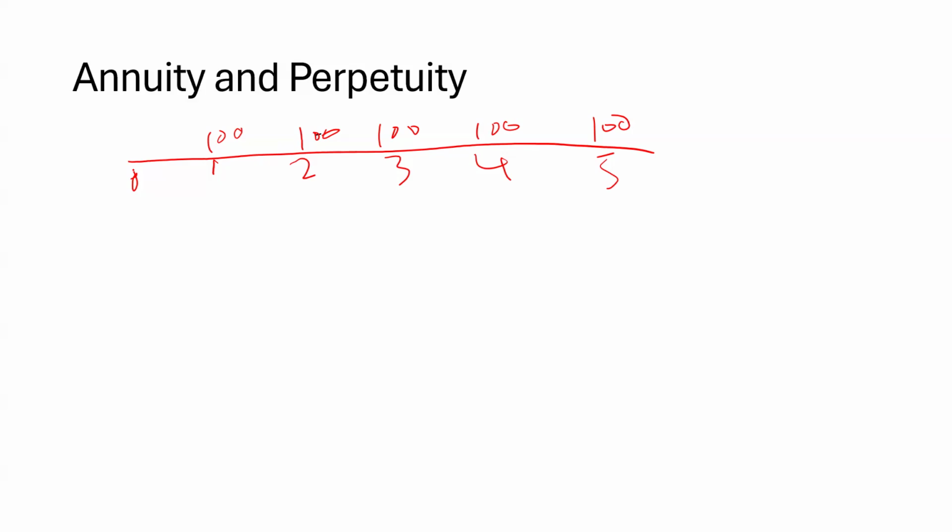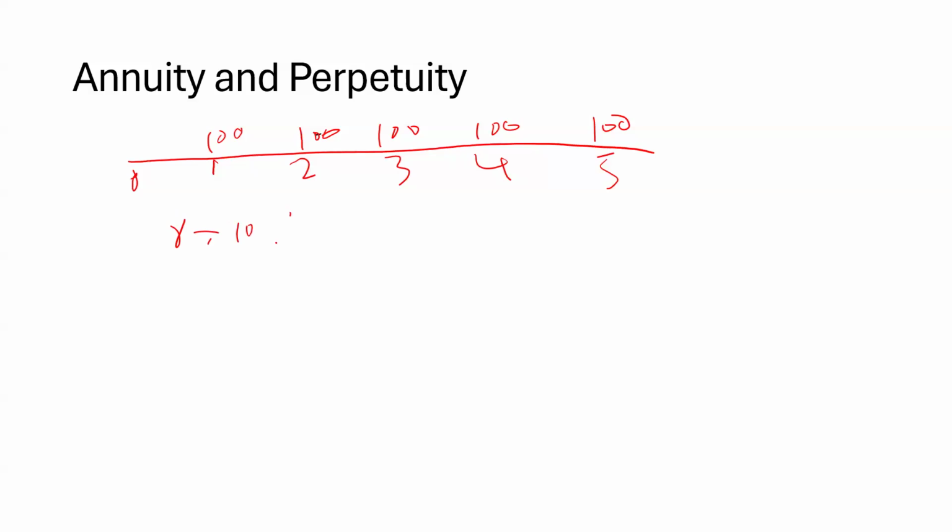Because this is only 5, we can do it. But when it was 50, it would be very difficult in terms of time and possibility of mistake.